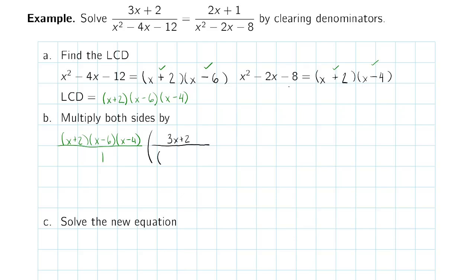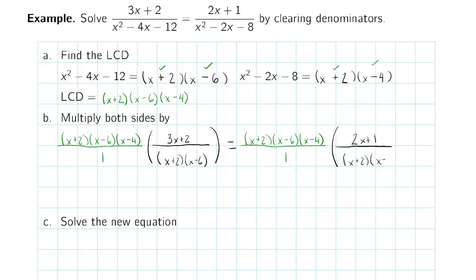I factored that as x plus 2 times x minus 6. And then on the right, I'm going to multiply by my least common denominator again. And on my right-hand side, I'll have 2x plus 1 over its denominator in factored form, x plus 2 times x minus 4.